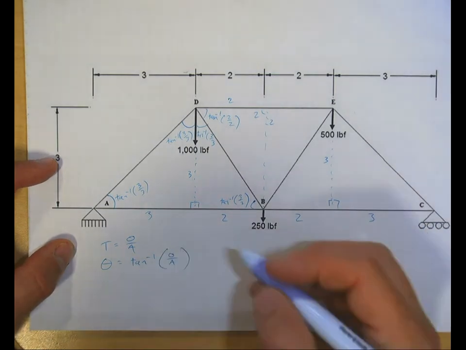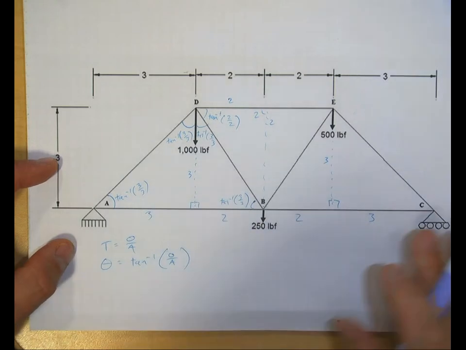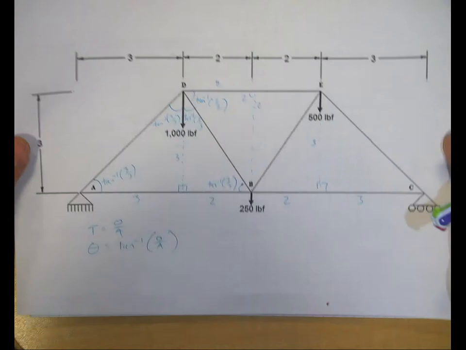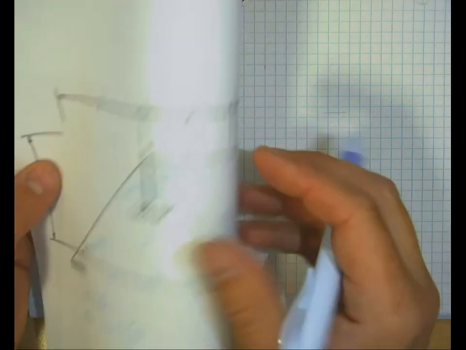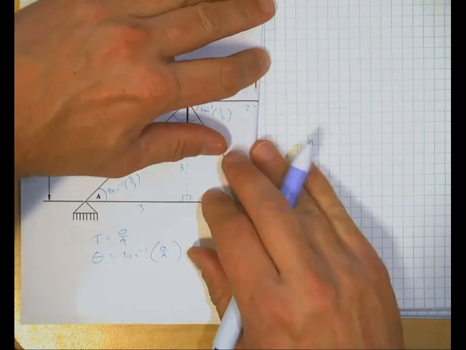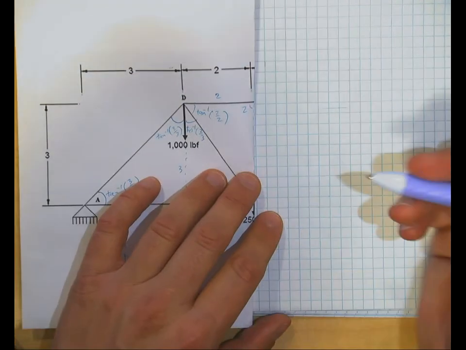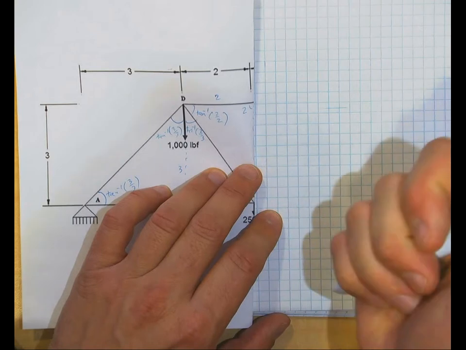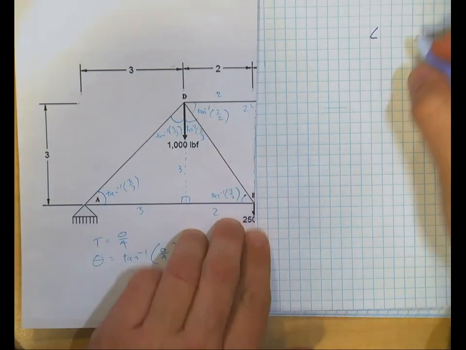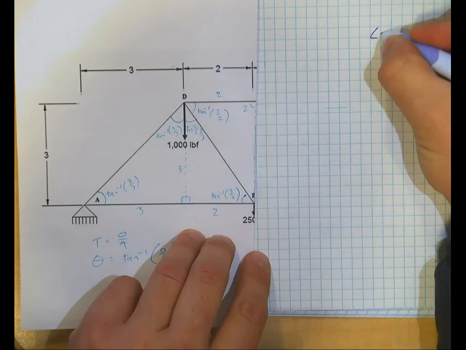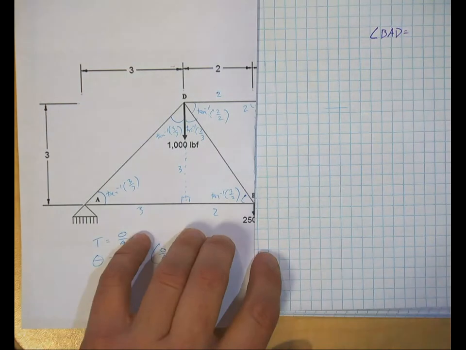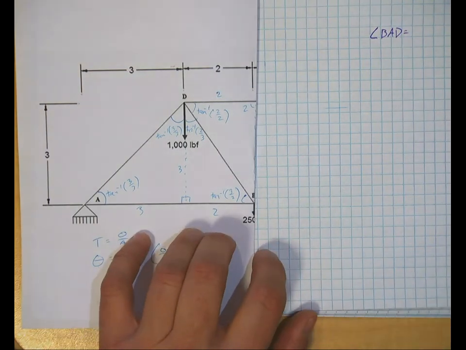So let's start to take a look at these. I'm actually going to record them somewhere else. I'm going to fold this paper in half just so we see half of it. And we're going to start to record the angles. So we have angle BAD is going to equal, I'm going to go into my calculator here.